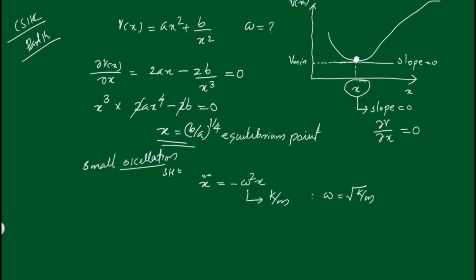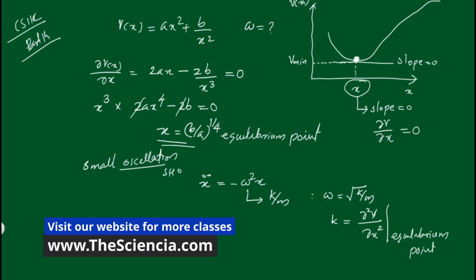And what is this k? This k value is equal to dou square V by dou x square at the equilibrium point. I will discuss these ideas when I discuss small oscillation in more detail. Don't worry, right now you just remember this equation.